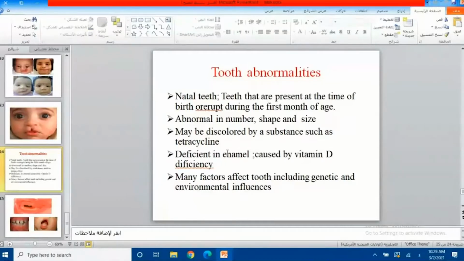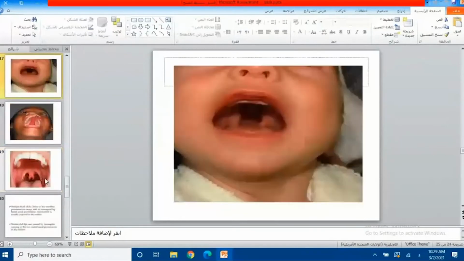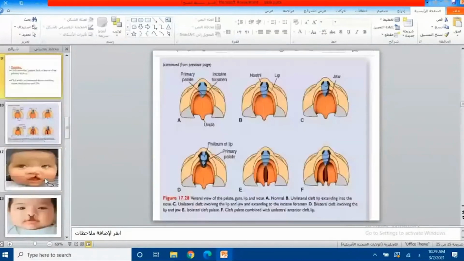As we said, deficiency of vitamin D is what? Is it environmental or genetic? It is an environmental factor, and also the medicine. Number, shape, and size can be genetic factors, okay? So let's review by asking you questions.